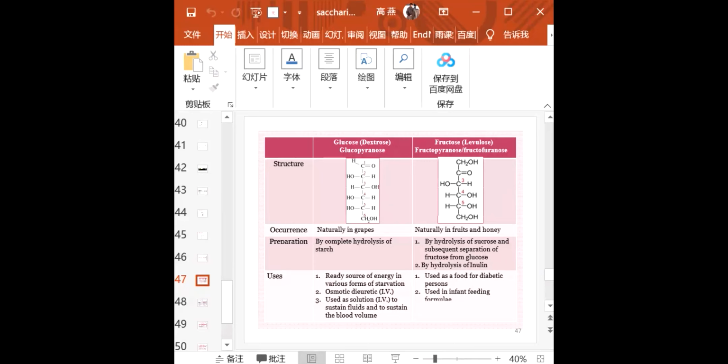Even if we get high carbohydrates from food, either from rice, wheat, corn or cereal, all these starch should be digested and metabolized into monosaccharide to be used.